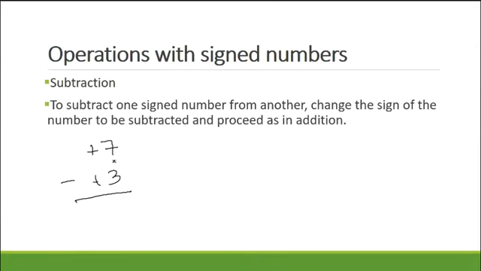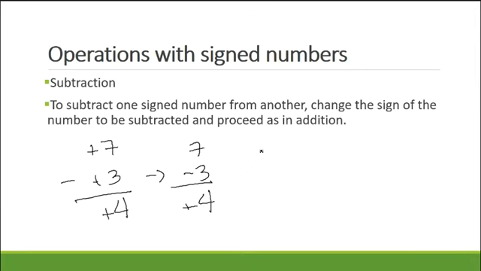Some of you will just directly subtract them, which is positive 4. Or according here, you can just change the sign of the one that you are going to subtract, which is the positive 3. It will turn into negative 3, and you can subtract them. You will have an answer of positive 4.